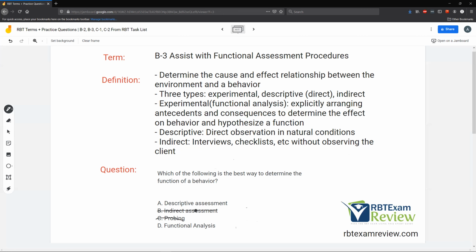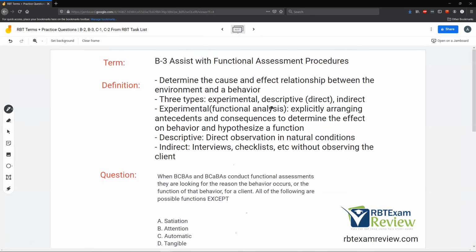So descriptive direct assessment can assist in determining the function, but what's the best way? The best way is a functional analysis. This is the absolute best way to find out the function of a behavior. You're explicitly arranging antecedents and consequences, and trying to determine what effect they have on the behavior.